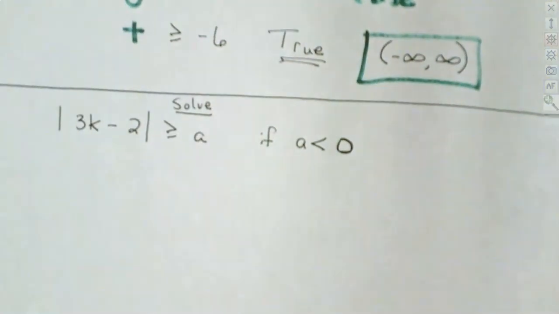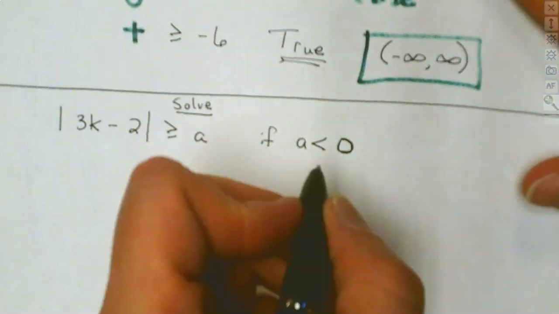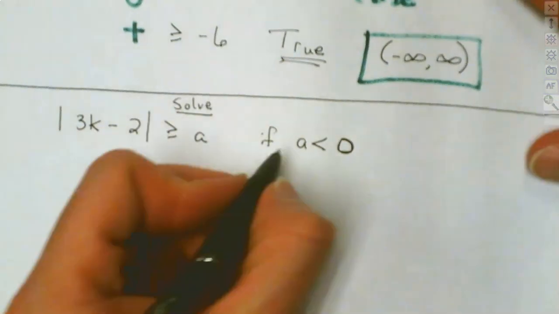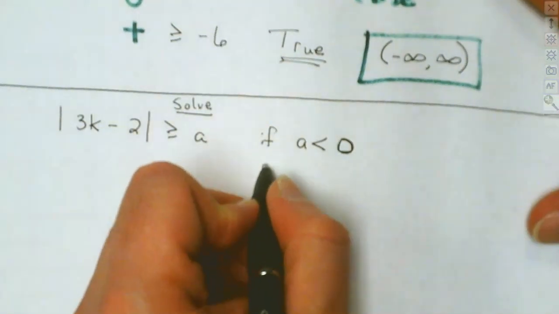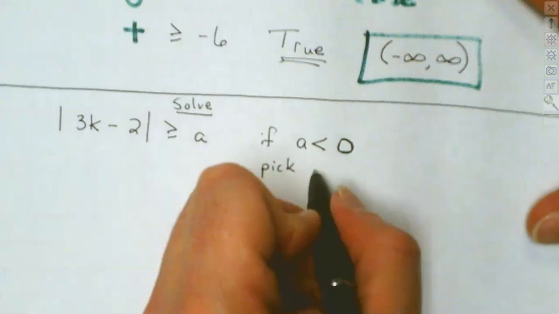Now, how is this one different? Well, we have all these different variables, right? We don't know what any of the variables are. So how would we work this one out then? Well, what do we know about a? Okay, a is less than 0, right? So that means that we need to pick a value of a that is less than 0 to use.